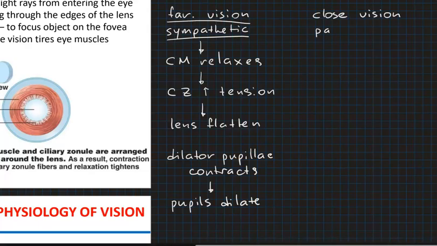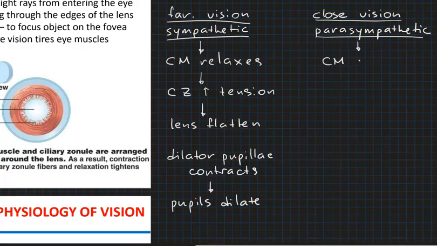In case of close vision, which is parasympathetic, ciliary muscles contract. Okay, so its diameter decreases. Ciliary zonules become less dense. Okay.